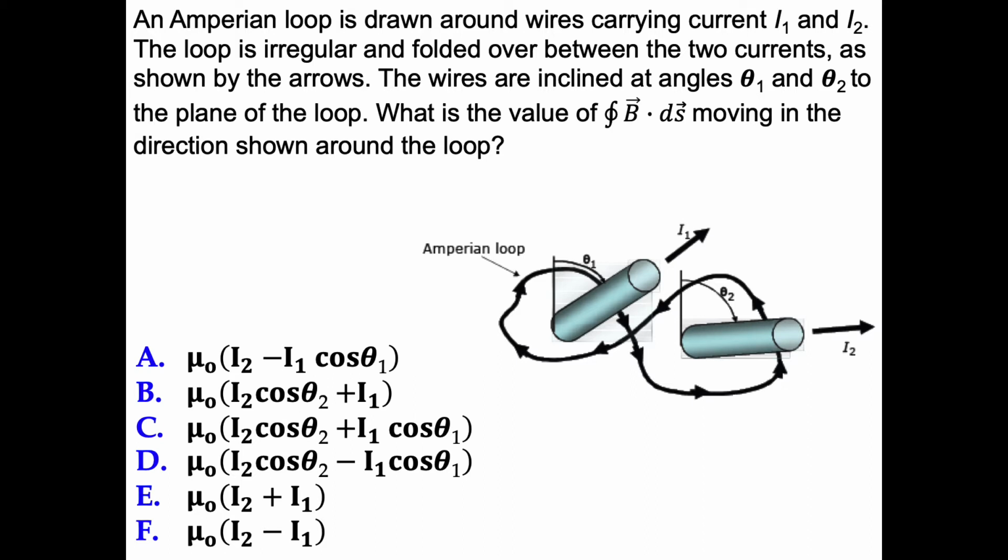The loop is irregular and folded over between two currents as shown by the arrows. The wires are inclined at the angles theta 1 and theta 2 to the plane of the loop. What is the value of the integral of B dot ds as shown around the loop? So let me relaunch the poll.